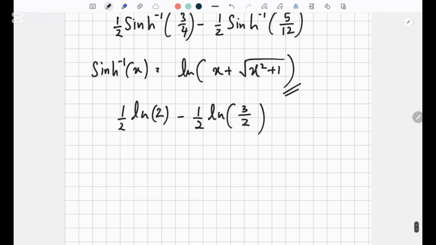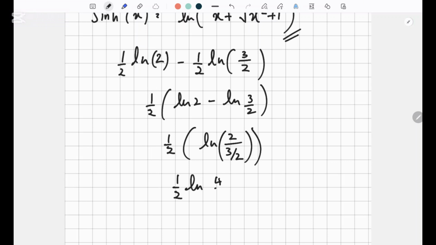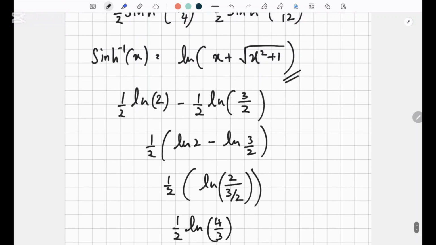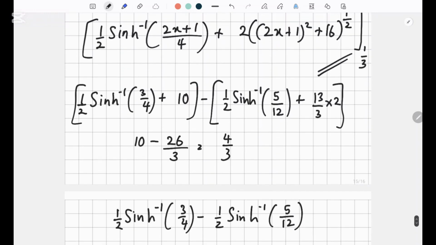So now you can take half out, and then you have ln 2 minus ln 3 over 2, right? Minus means it's the division of the numbers inside the brackets. That's the logarithmic rule. So you get half ln 4 over 3, right?